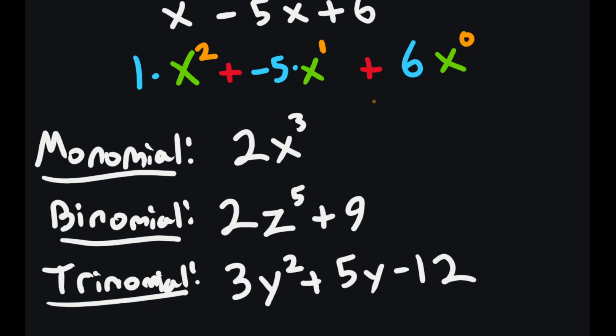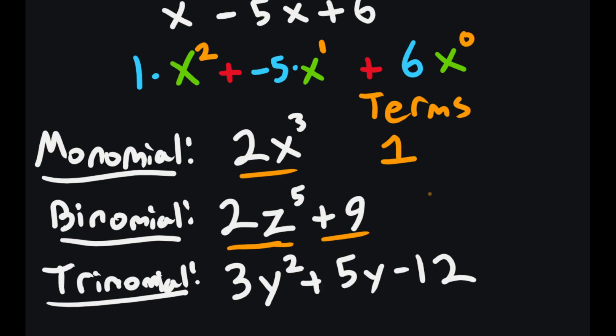So how many terms are in each of these polynomials? What makes a monomial is that it has exactly one term. There's one term in this monomial, and a binomial is a polynomial with two terms. There are two terms right here, 2z to the fifth power and positive 9.